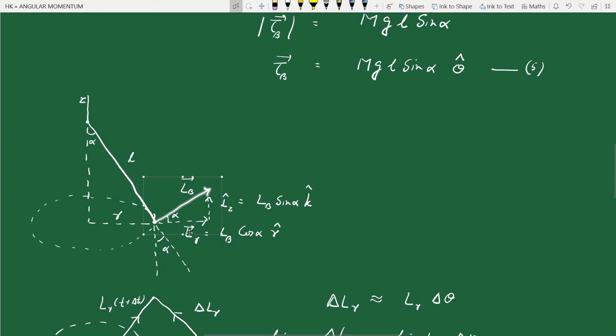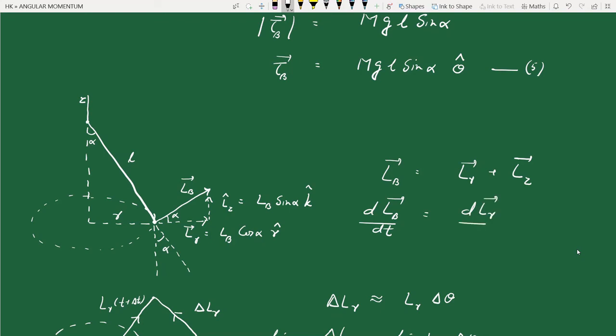If I write LB as Lr plus Lz, this Lz is a constant, so dLB by dt is same as dLr by dt.